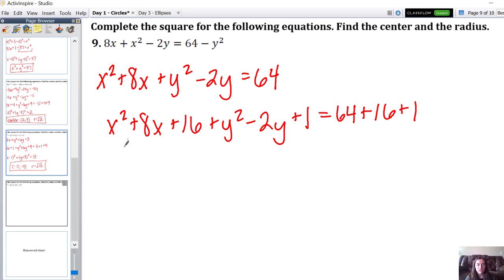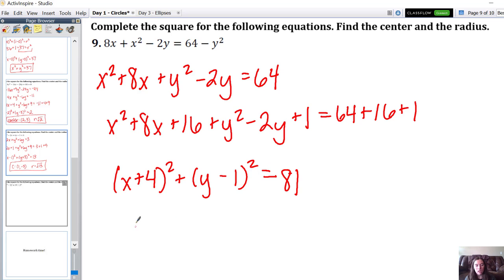Factoring the x's first, we have x plus 4 squared plus y minus 1 squared equals 64 plus 16 is 80, plus 1 is 81, leaving my center at negative 4, 1, and my radius at 9.